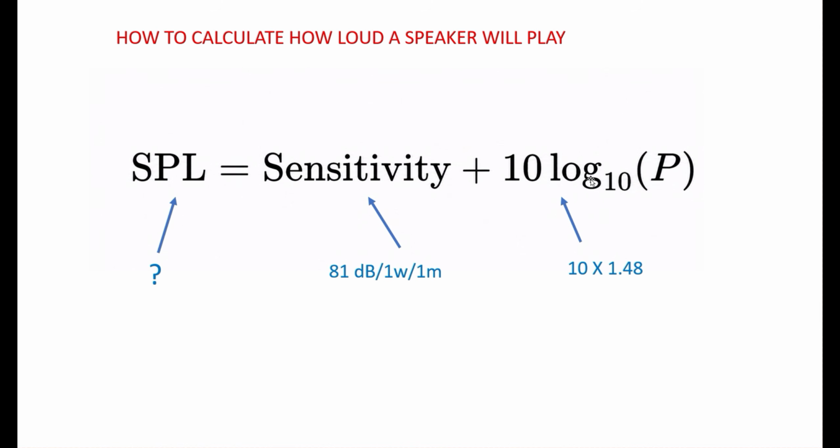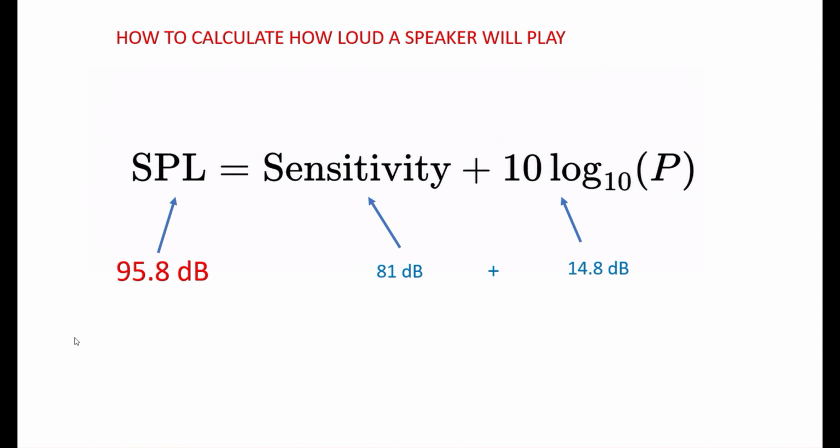Log 10 of 30 is 1.48. 10 times that gives you 14.8. So I now add 81 and 14.8 together, which gives me a grand total of 95.8 decibels. So for 30 watts, the 81 sensitivity speaker is going to give me nearly 96 decibels of output.